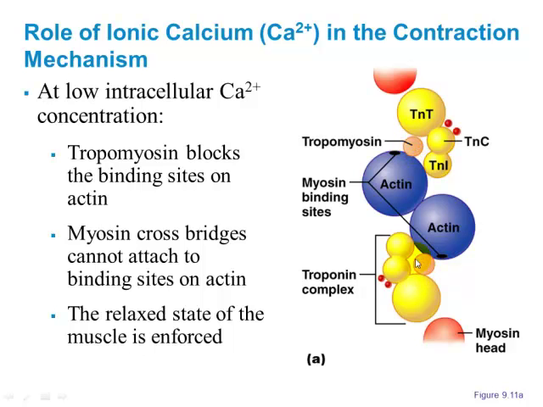That tropomyosin is preventing this myosin head down here from getting into the actin binding site. So at rest, when we do not have contraction, the troponin is in this kind of orientation. And again, we are using blue circles and yellow circles to represent very complex protein shapes.